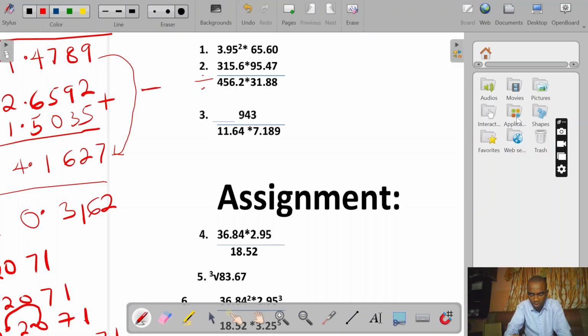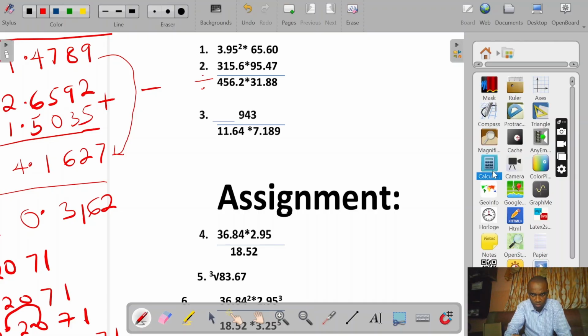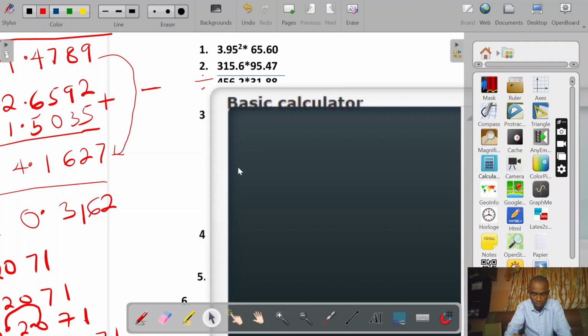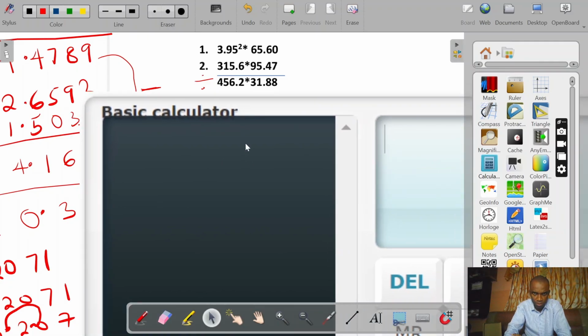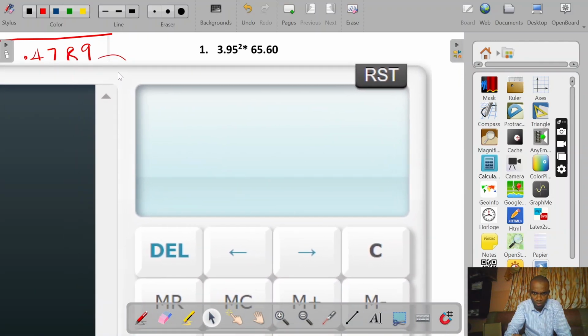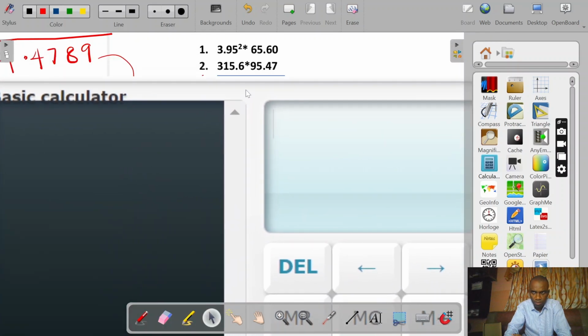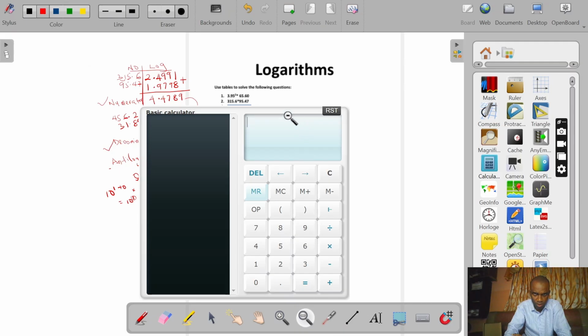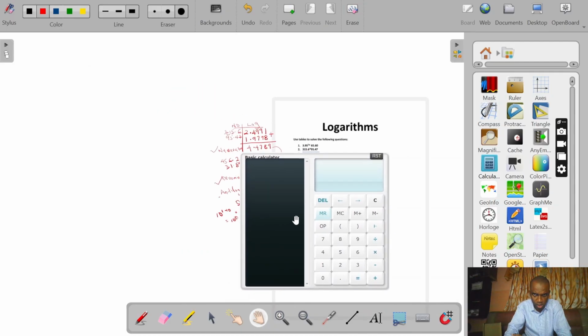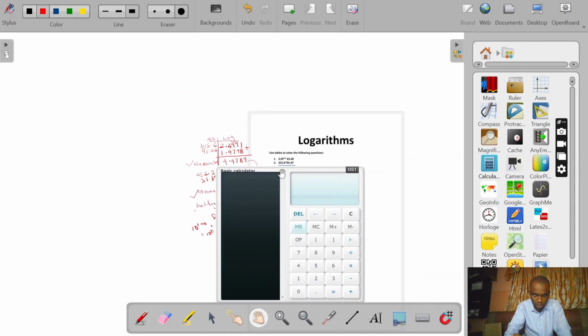So that will bring in the calculator. Seems I'm having issues with this calculator.